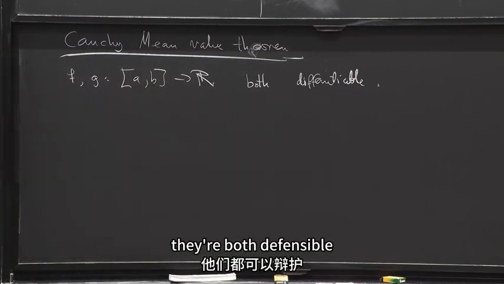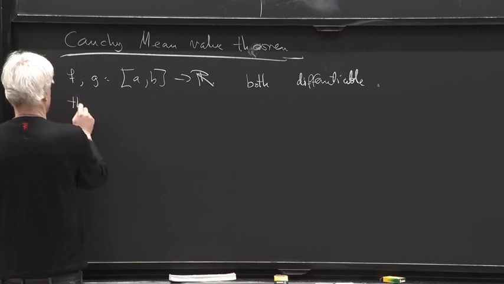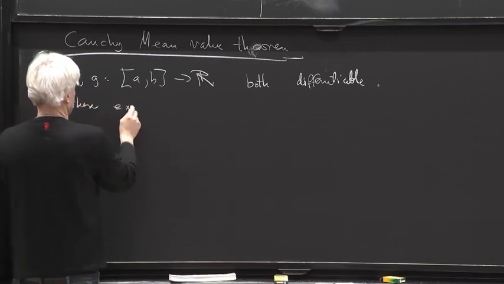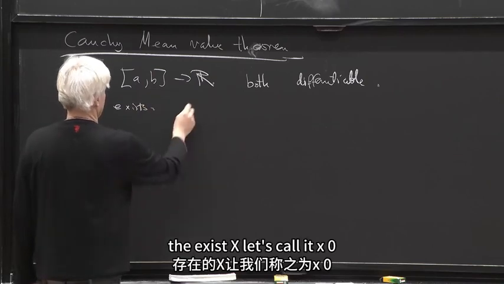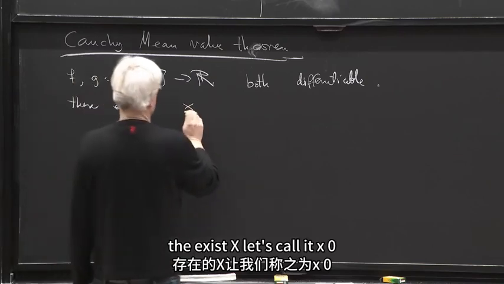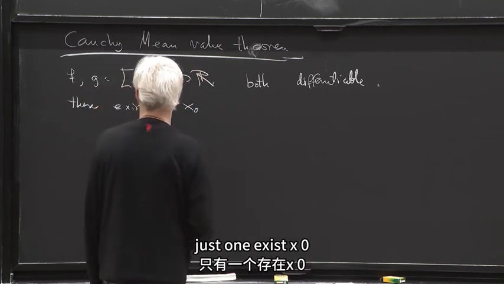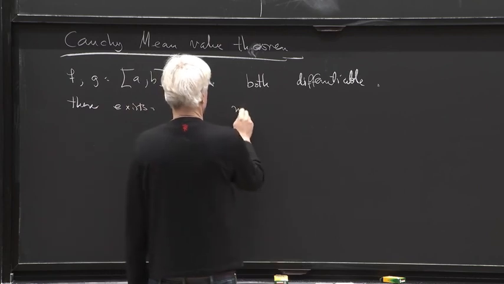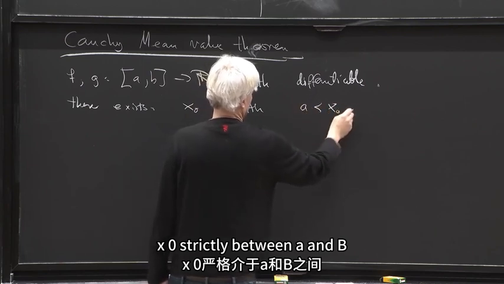And then the claim is that there exists an x, let's call it x0. Maybe I should have called it x0 up there. It's just one. There exists x0 with x0 strictly between a and b.